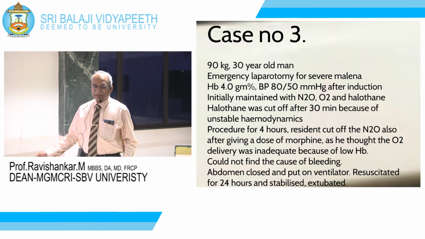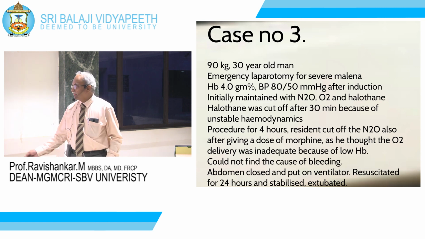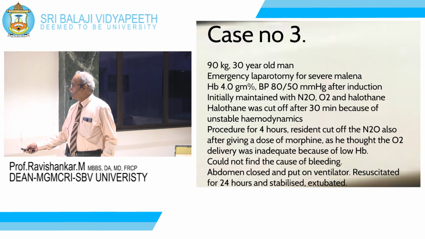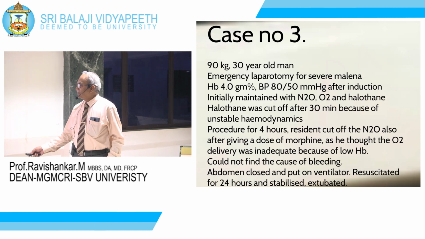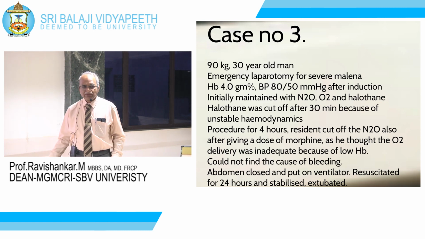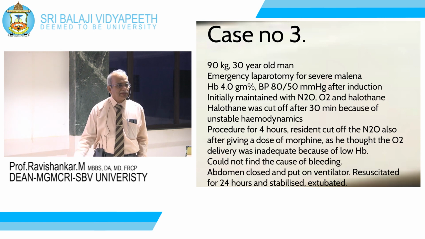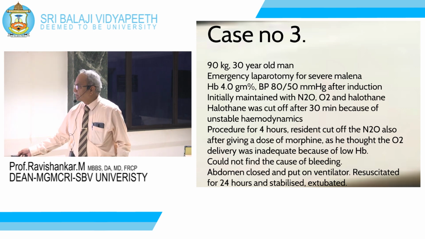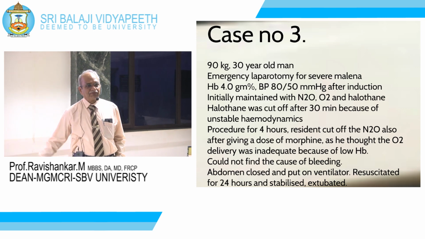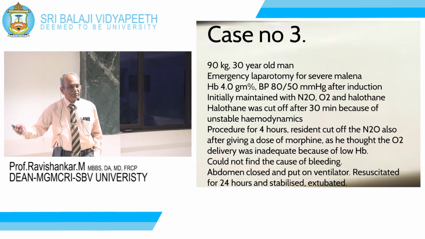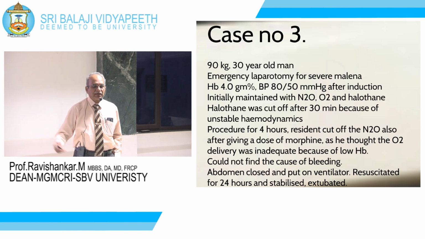The procedure lasted for about 4 hours. Then the resident cut off the nitrous oxide, also after giving some morphine, thinking that oxygen delivery was not satisfactory, and thought whatever I am giving is enough with this particular hemodynamics, because BP was all the time around 70 in the patient.